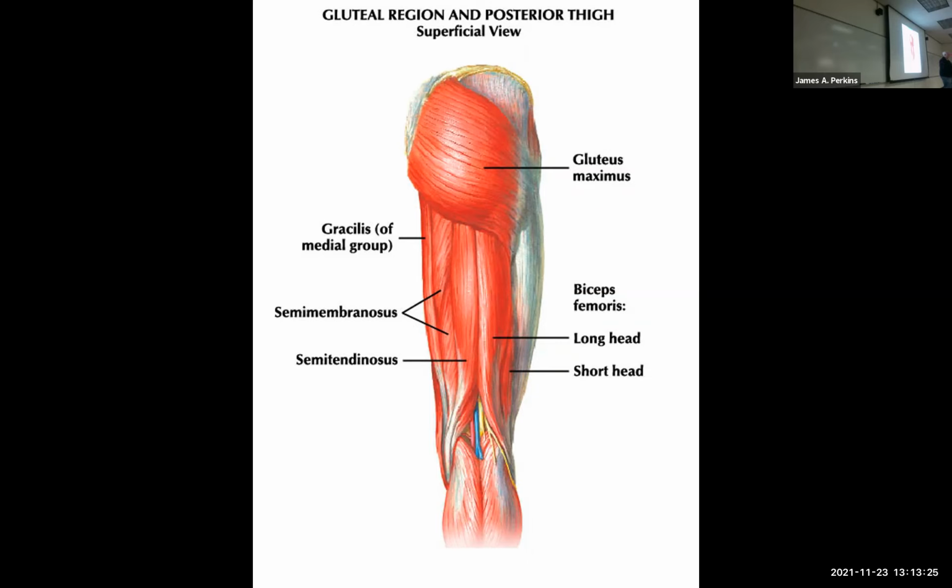So that means the only hamstrings in the posterior thigh are semitendinosus, semimembranosus, and only the long head of the biceps femoris. The short head would not be considered a hamstring, because it has a different origin and a different innervation.